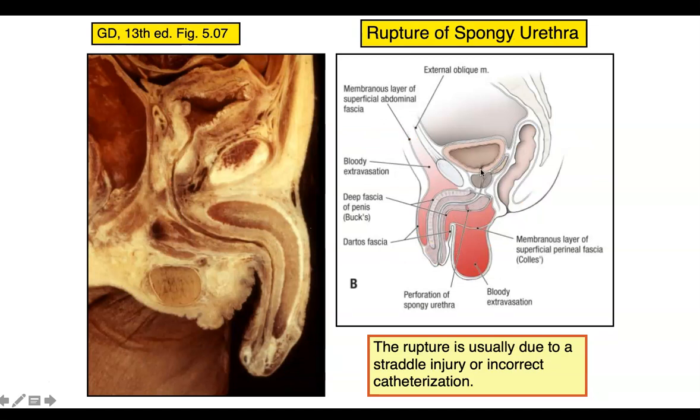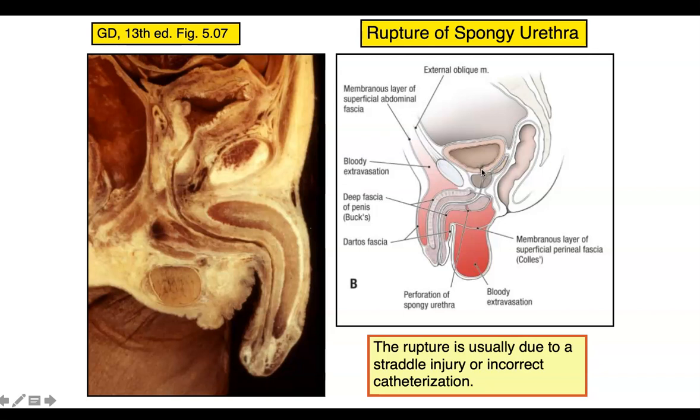So urethra begins in the urinary bladder. So see, in this picture you can see the urinary bladder, which lies behind the pubis. This is a mid-sagittal section. And underneath the urinary bladder, the urethra begins at the internal urethral orifice.